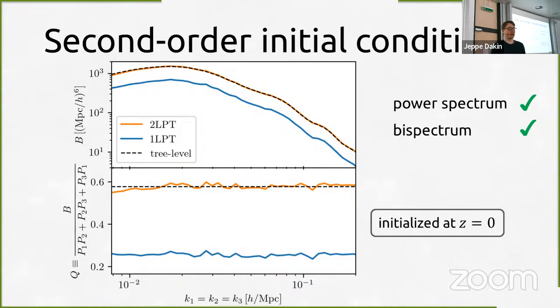Yeah. But you would assume that if 2LPT just matches the tree level by construction, they should at least follow each other, but they do not actually. So there's something special about this equilateral configuration, and I don't know what it is. I don't know. I haven't done this computation myself.